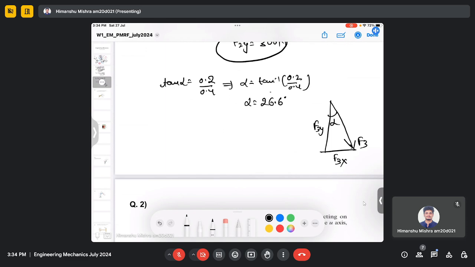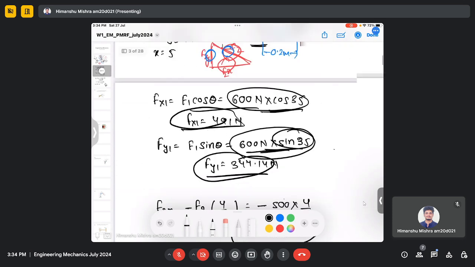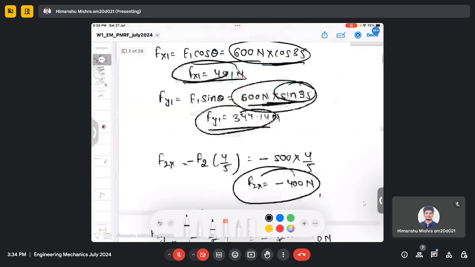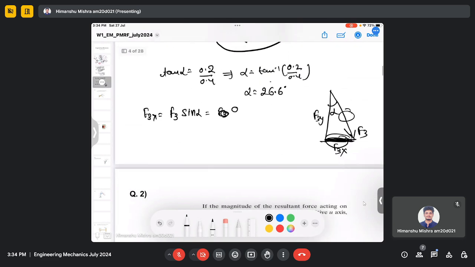So now in order to calculate the component F3x, it will be F3 sine alpha, because you need to calculate this. So this divided by this will be sine alpha. Let me write the force. Magnitude of the force is 800 sine 26.6 degrees.